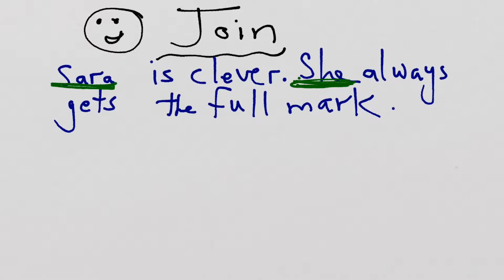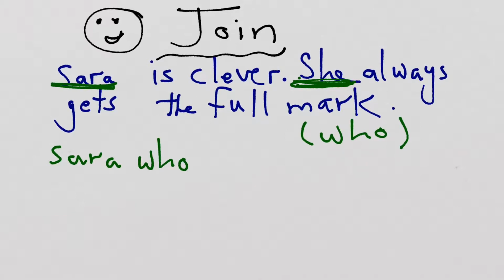Now, you are going to write the noun Sarah and write the relative pronoun who. Then, as she is repeated, we are going to omit or delete it.